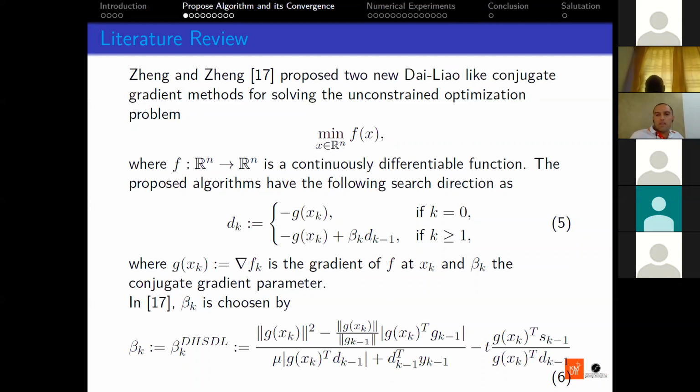I'm just giving a summary of the work. If you observe in my own work also, before I move to the algorithm, I give some assumptions, like in my first assumption, I said that the solution set is non-empty. So in the paper by Zeng and Zeng also, they assume that the minimum exists, without any constraint or condition.